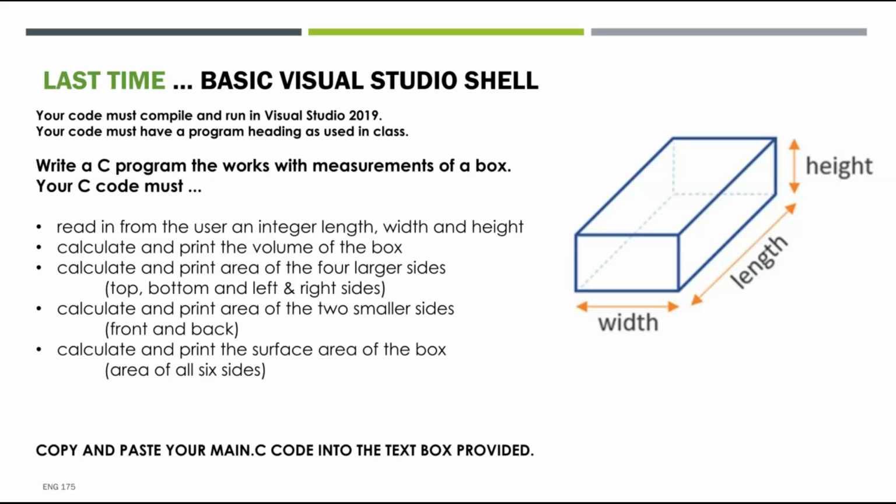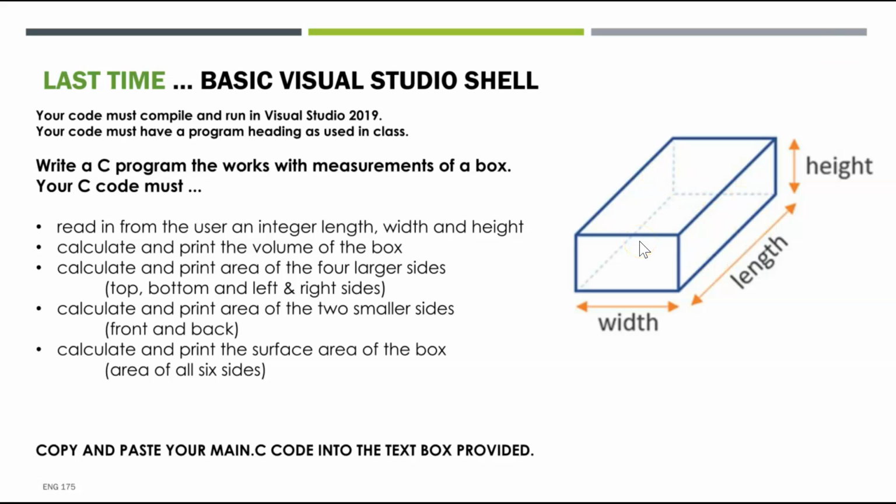We have a program that we want to write. We want to write a program that works with measurements of a box. Our code must read from the user the length, width, and height, calculate and print the volume, calculate and print the area of the four larger sides.